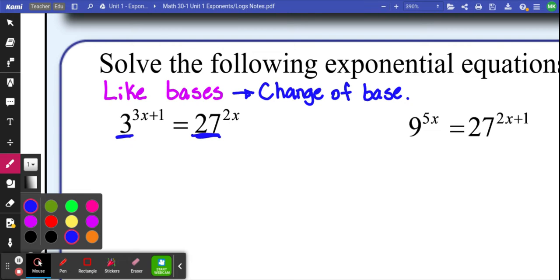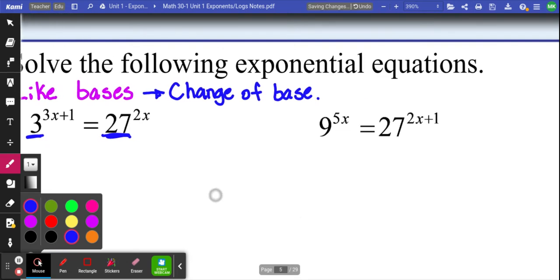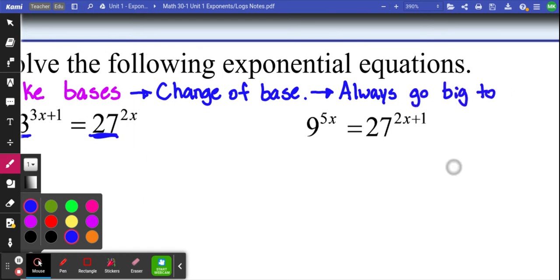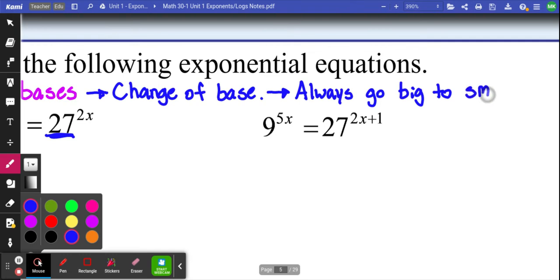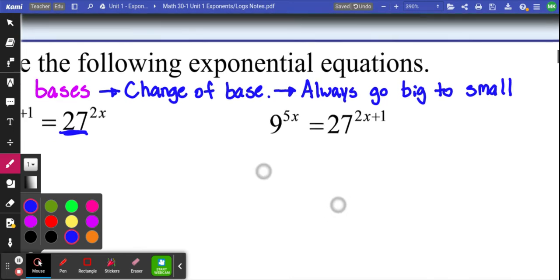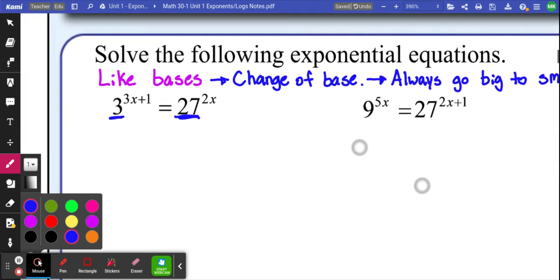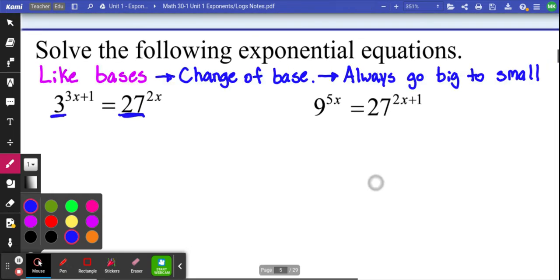I want to make something clear here. I always find it helps me when you're doing change of base, always go big to small. What I mean by that is people will look at this and identify 3 to the power 3 is 27.